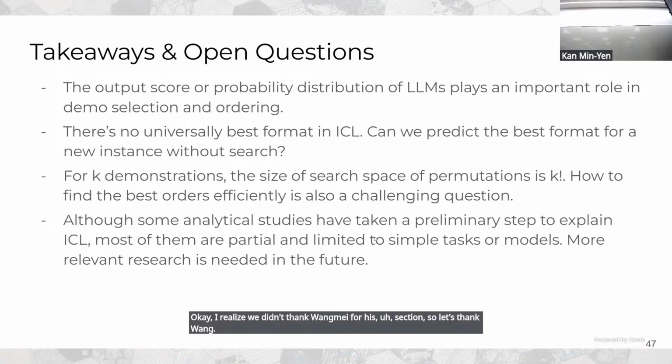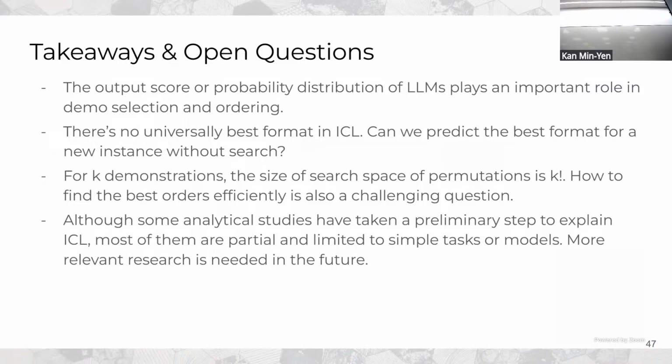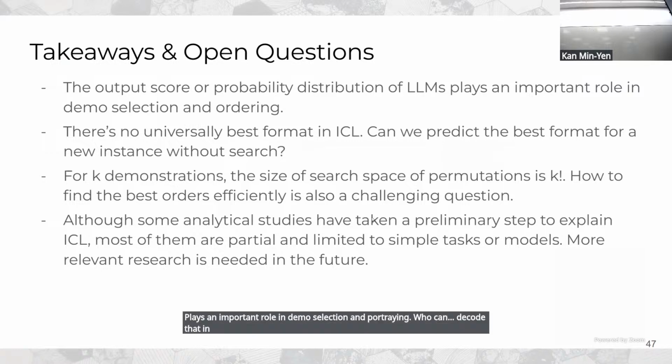So, are we clear about all the takeaways that Zihang put up on the screen here? What do we mean by the output score probability distribution plays an important role in demo selection and ordering? Who can decode that in some way to help us understand what that means?